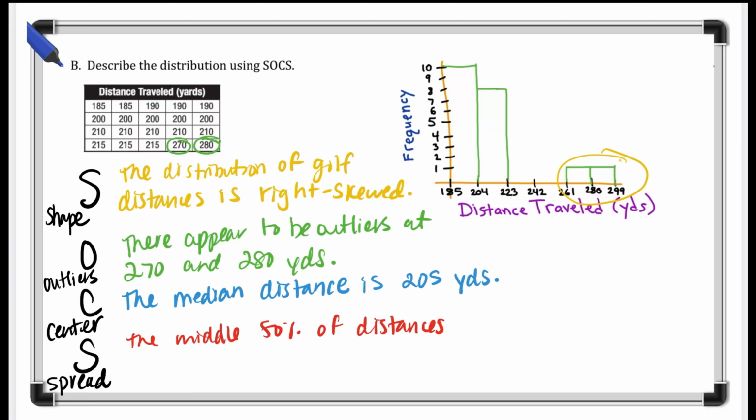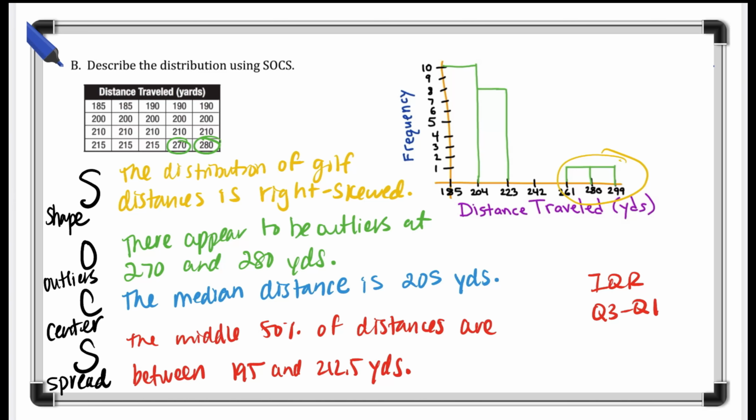When we use the IQR, we're looking at Q3 minus Q1. So you can say that the distances are between Q1 and Q3, which were 195 and 212.5 yards. Or you can say the IQR is 17.5 yards.